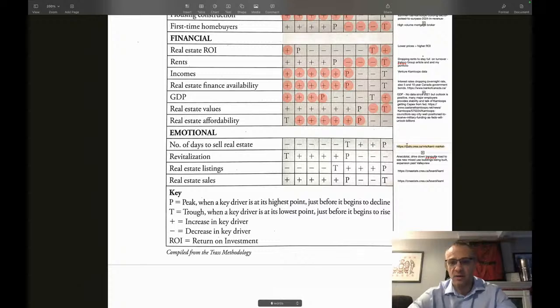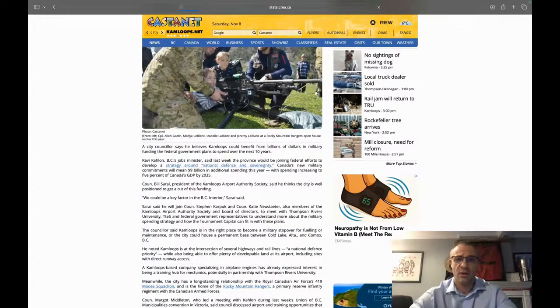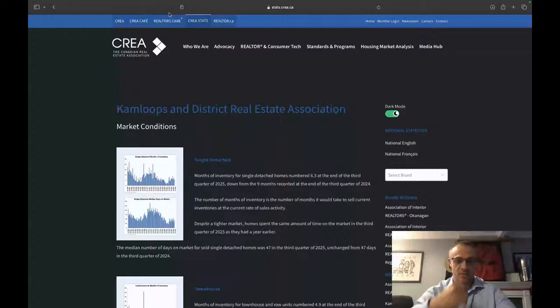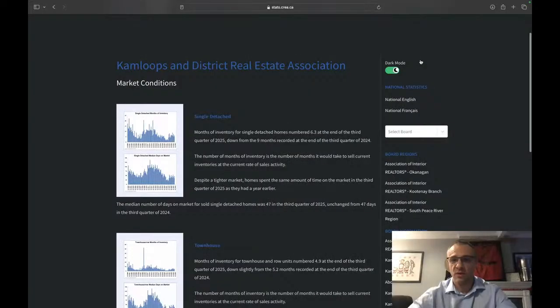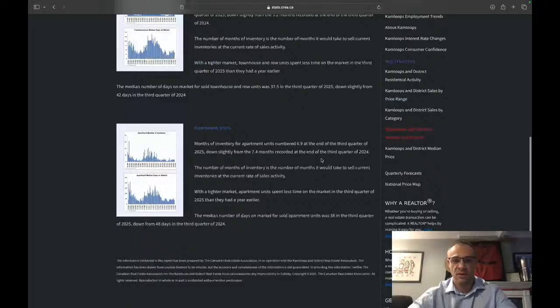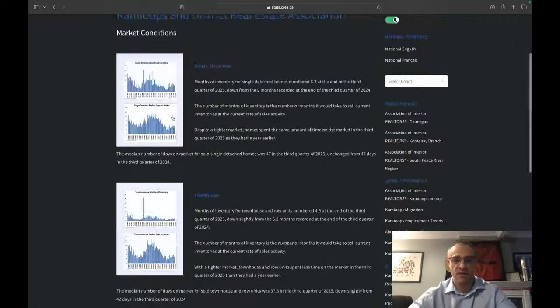So let's see here. We've got some data from the local real estate board. So you can see we've got months of inventory, and listings can be up too, but they've got townhouse, apartments in Sinclair.